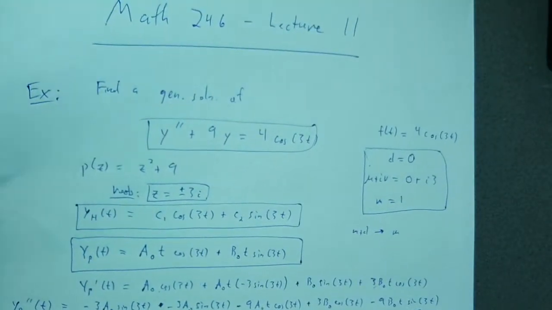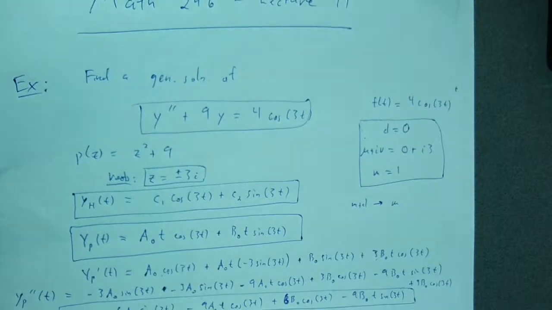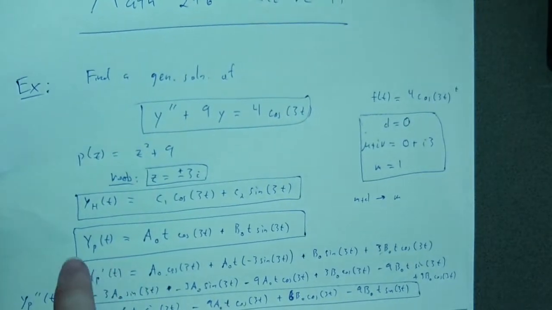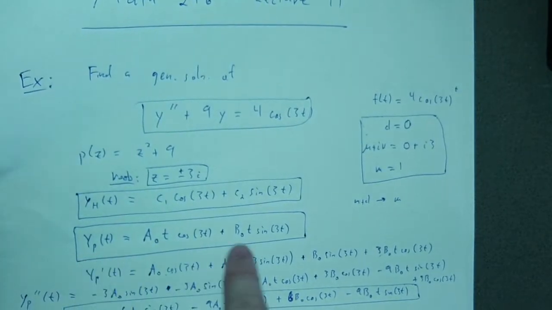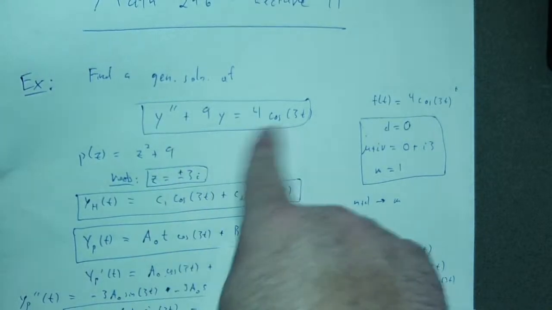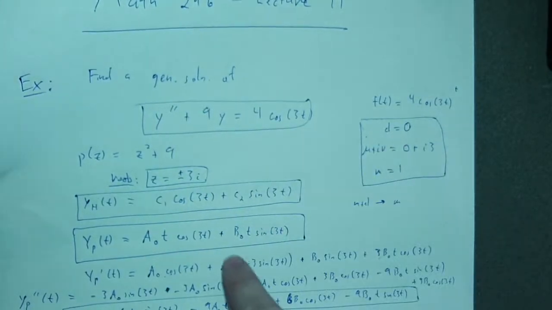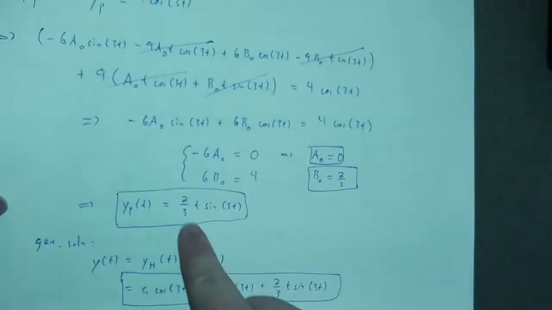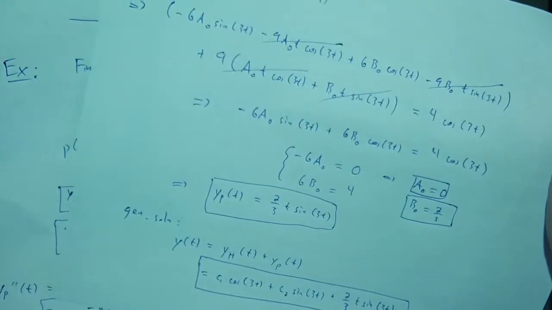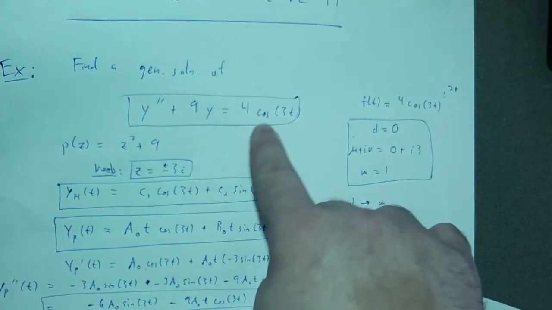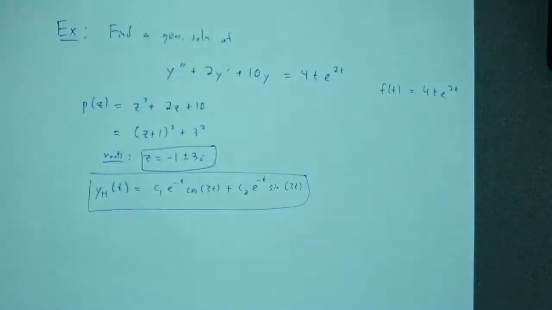So remember that while the motivation for undetermined coefficients was selecting a form for the particular solution that transformed to something similar, it doesn't need to look superficially close. 2/3 t sine of 3t doesn't look that close to 4 cosine of 3t, but it turns out that's exactly what you need for that problem.